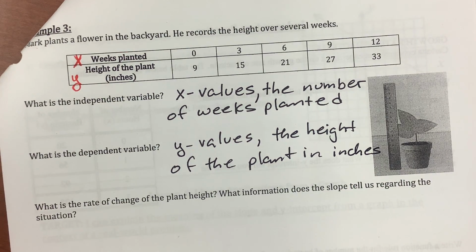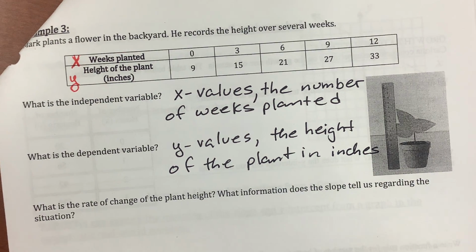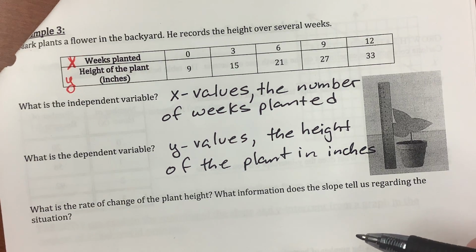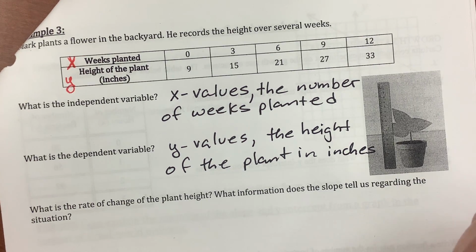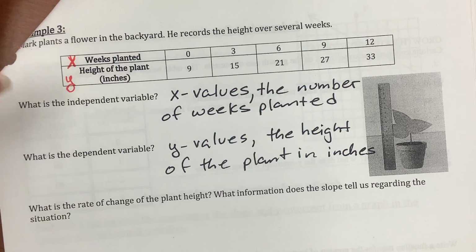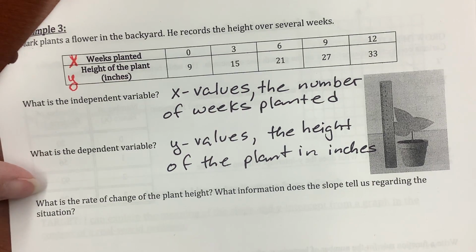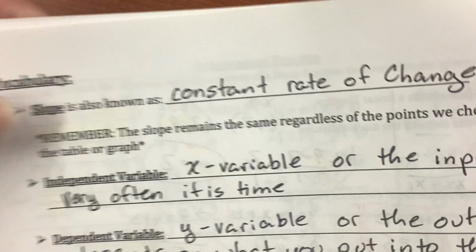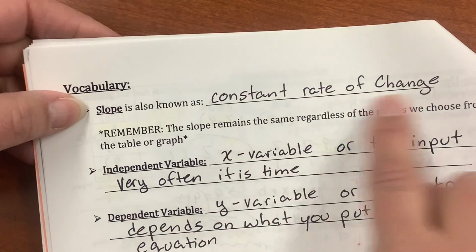It's imperative that you put the units with the x values and the y values to explain what they mean. The rate of change, I know what that means. Flip this back. Rate of change is the slope.